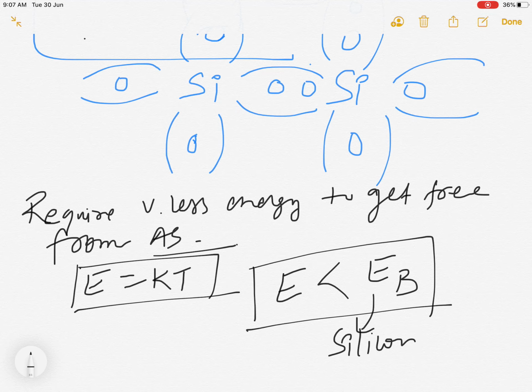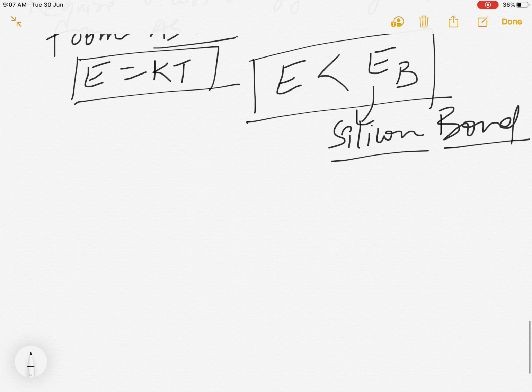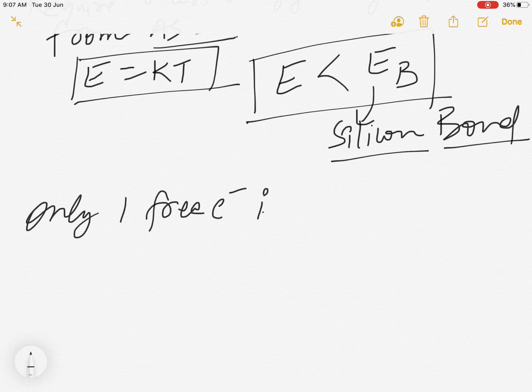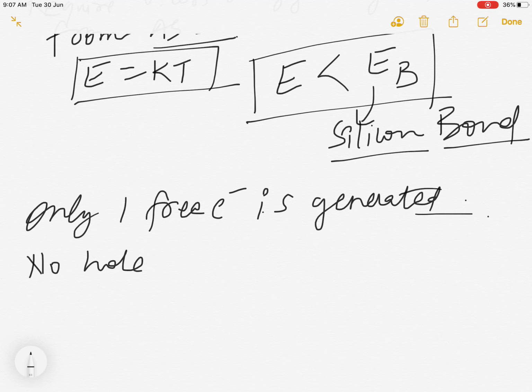Silicon bond energy. इससे कम है तो there will be only one free electron generated. Only one free electron is generated. No hole yet. Okay? No hole is there.